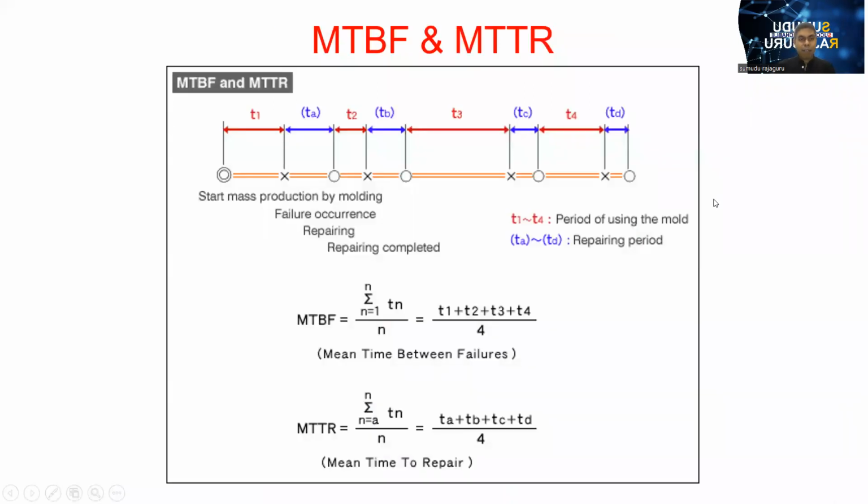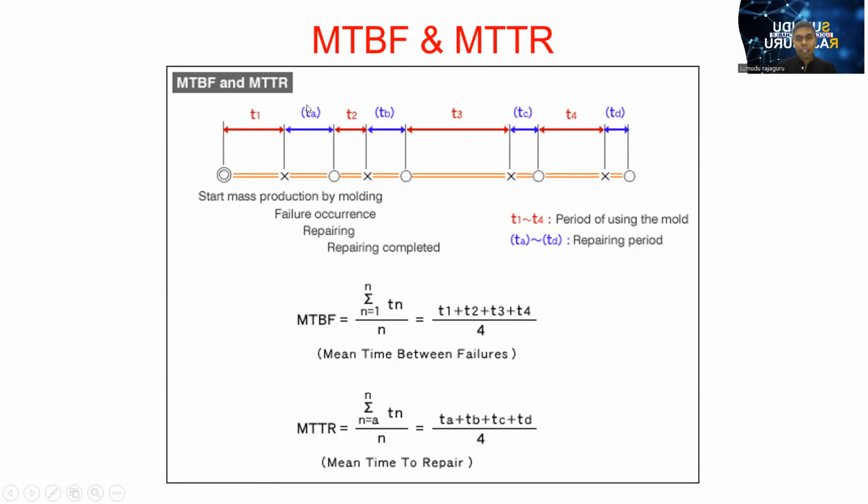Now you can see here, this is the initial operation start time. For T1 time we run the machine, then a breakdown happens. This cross mark illustrates the breakdown. When the breakdown happens, we start the repairing activity.